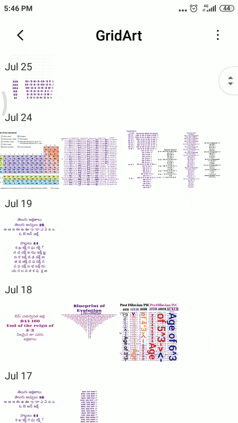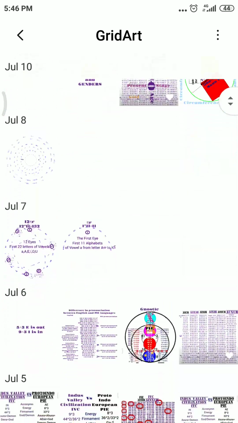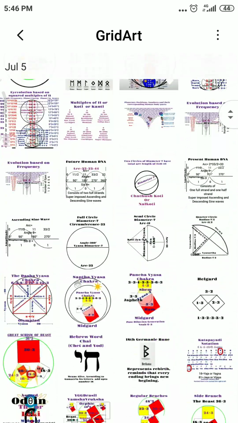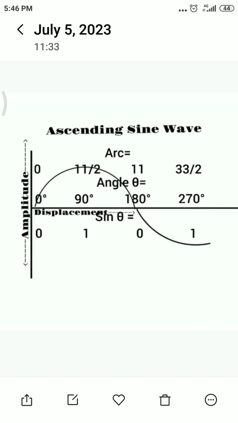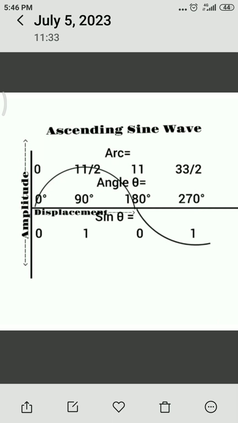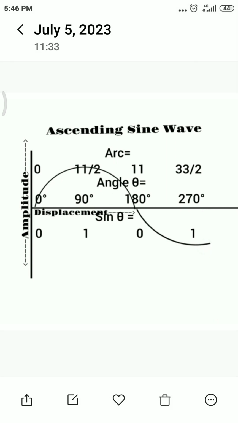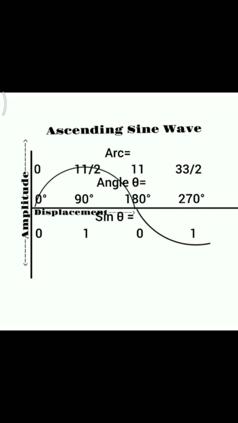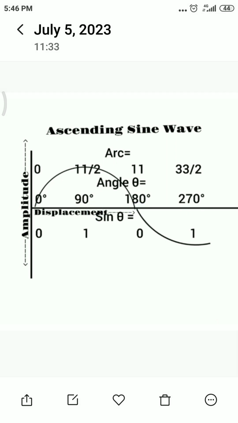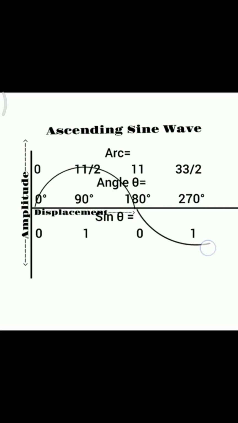I explained about the human DNA. Let me show you here. You see, it's like this. We take a sine wave like this, and if you take up to 270 degrees, each 90 degrees you count as 11, and this will be 121, this will be 22, and this will be 33.